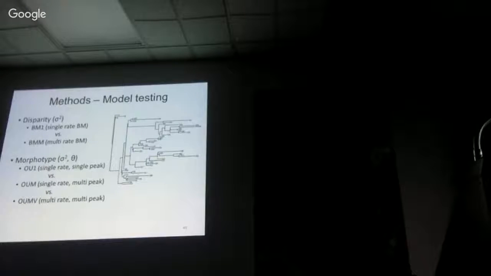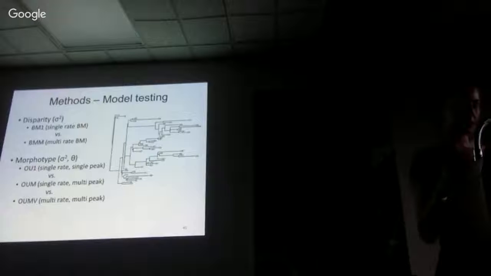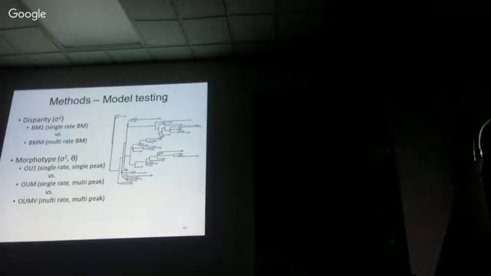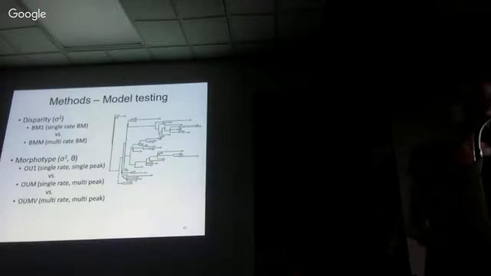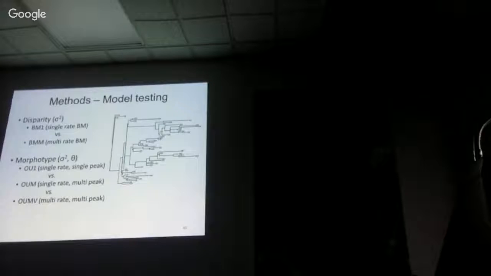I will test for a difference in morphotype or theta value by comparing the statistical fit of various Ornstein-Uhlenbeck models. The OU1 model is a single rate, single peak model and assumes the whole tree evolves towards the same optimal value with the same level of disparity.